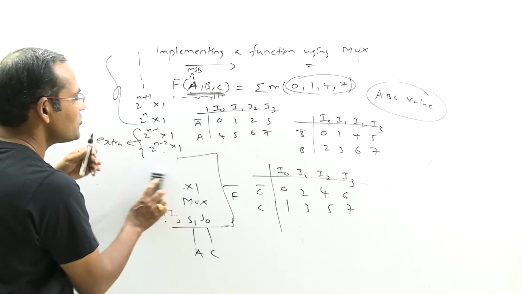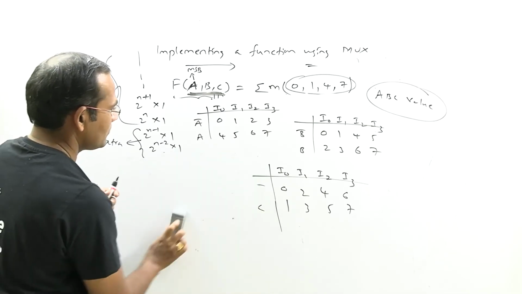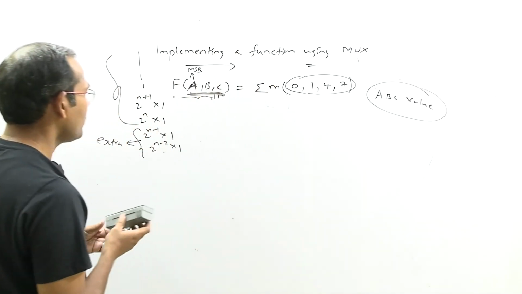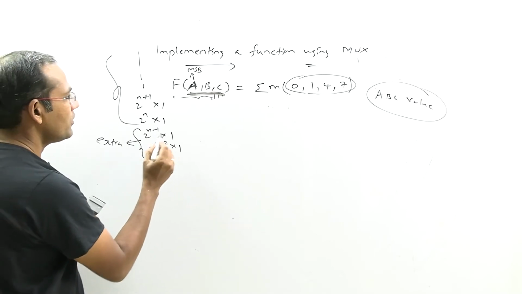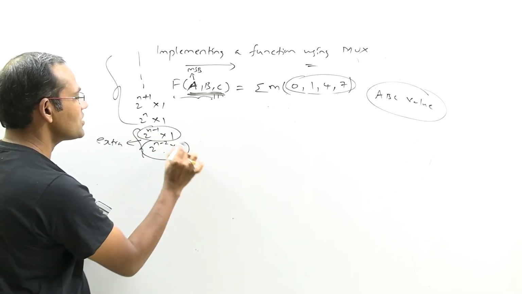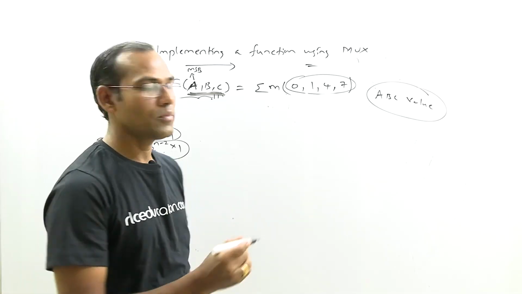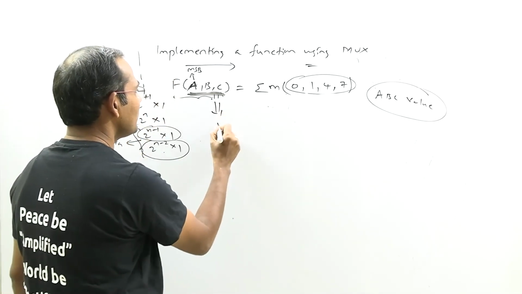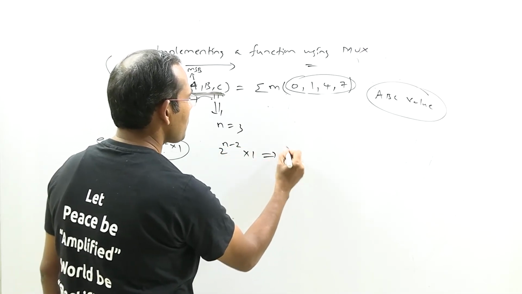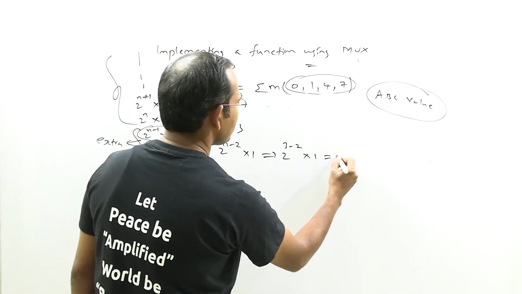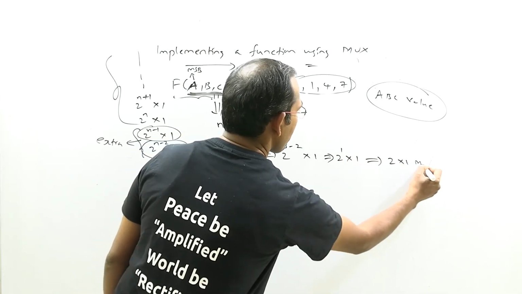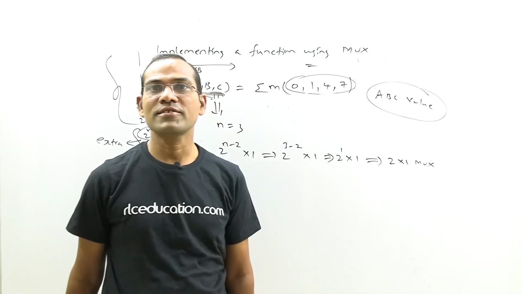Now I am further reducing the size of the mux. Now I implemented by using this one, 2 power n minus 2. Here n is 3, so 2 power n minus 2 by 1 means, in this case, a 2 by 1 mux.